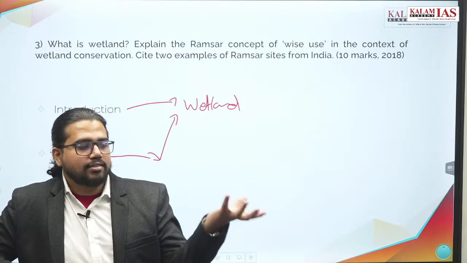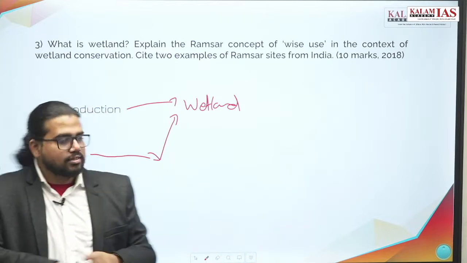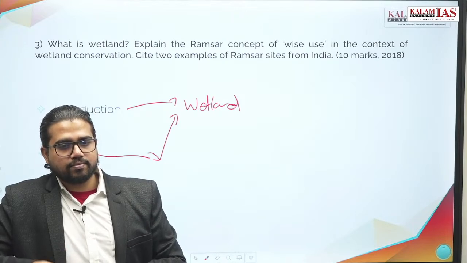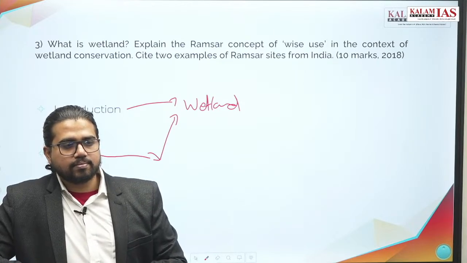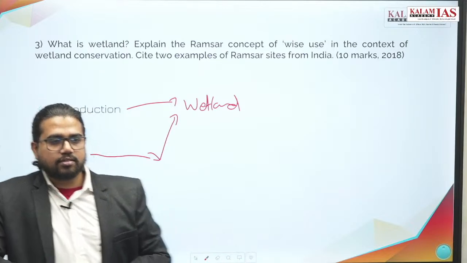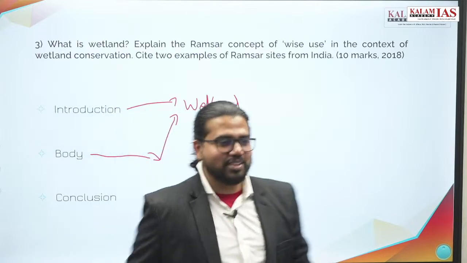You have written like deep water habitat is the terrestrial, in that transition zone is wetland. Okay, anything else? Any other concept? How you defined it? Area around water body including the water bodies.